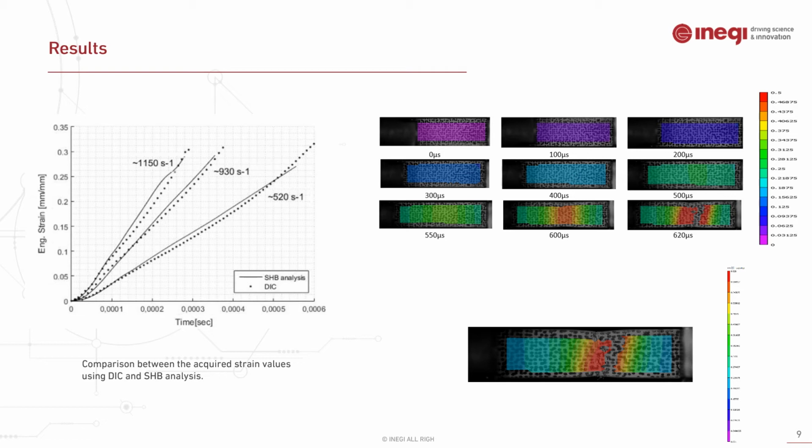You can see that using Hopkinson bar analysis, the values tend to be lower than the values recorded by the DIC. On the right, we can see the in-plane strain distribution of the test sample impacted at a strain rate of around 500. We can also see the progressive plastic deformation of the sample, which confirms that the rupture occurred within the first stress pulse.